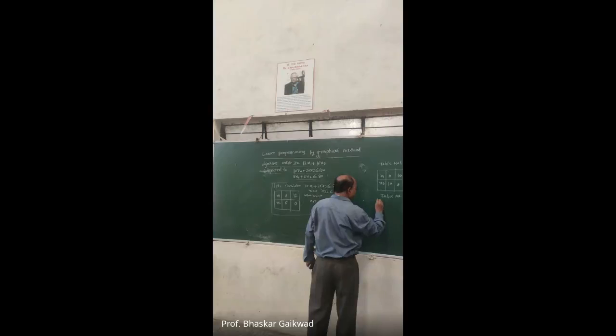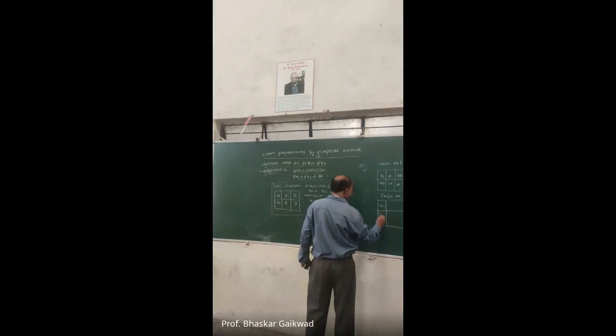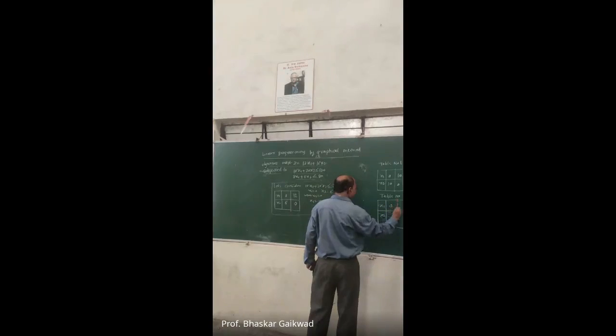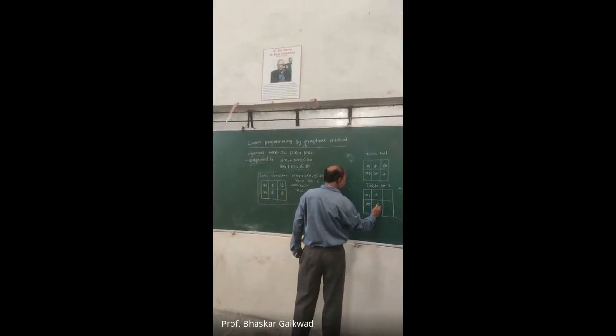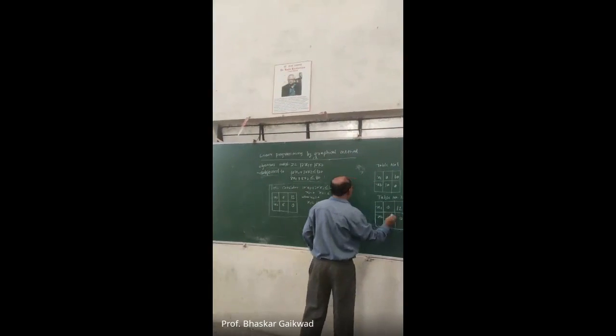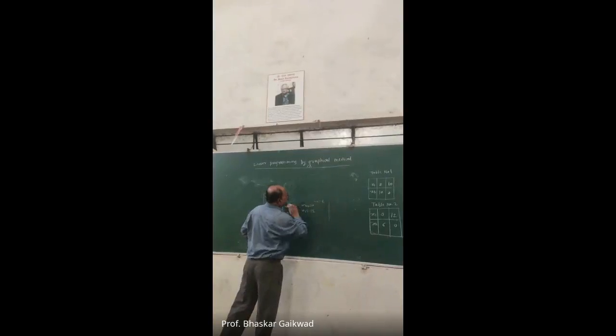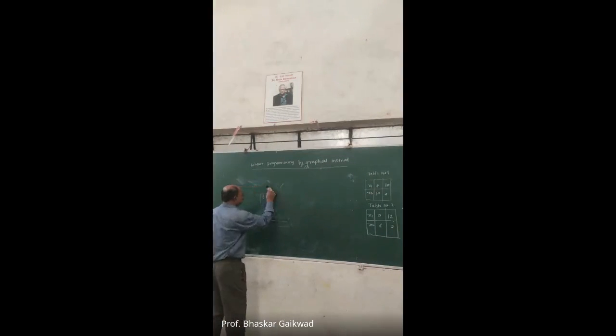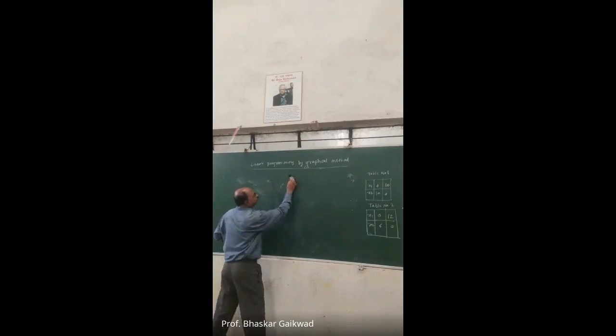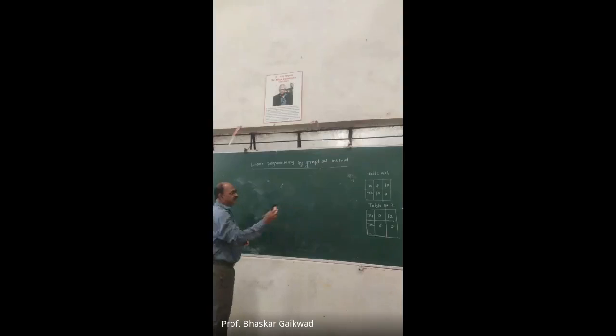Here I will make the tables, the same tables I will take here. x1, x2, 0, 6, 12 and 0. Okay. Now we will make the graph related to this. By using these tables, we have to make the graph.